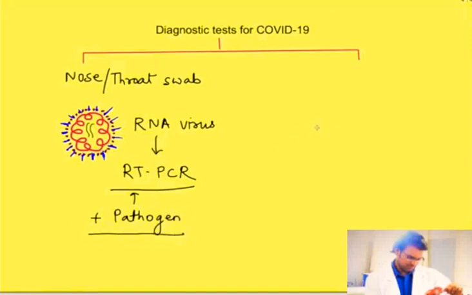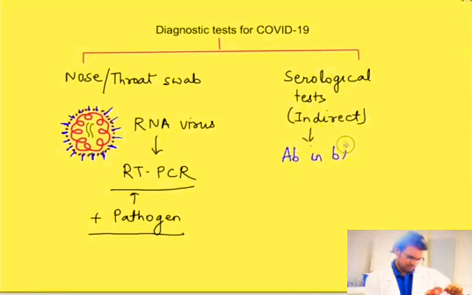This is important because there may be some people who got infected but did not show any symptoms or showed very mild symptoms and were not tested for the presence of the pathogen. So for these people, we need serological tests which will detect the presence of antibodies against the coronavirus, implying that the person has already been infected with the virus.